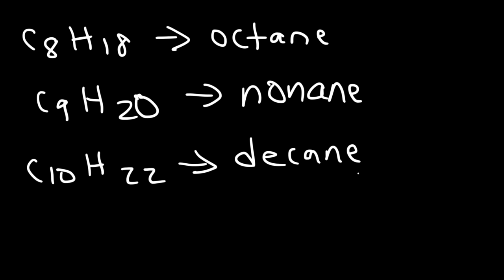Deca is 10, nona is 9, octa is 8, hepta is 7, hexa is 6, penta is 5, and so forth. Now let's try another example. CH3OH. How can we draw the Lewis structure of this particular compound?